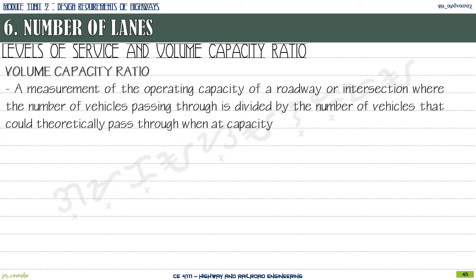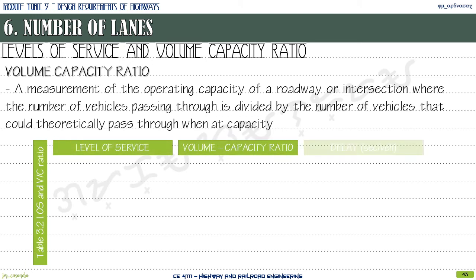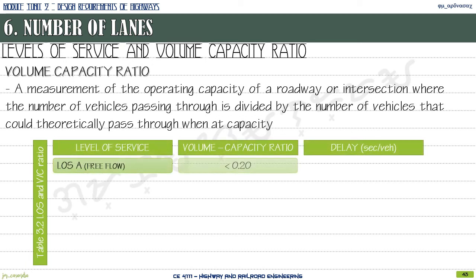Okay, so for your LOS and volume capacity ratio, we now follow this table. For an LOS A or a free flow LOS, the volume capacity ratio will be less than 0.20, meaning only 20% of the capacity will traverse your section throughout your observation.